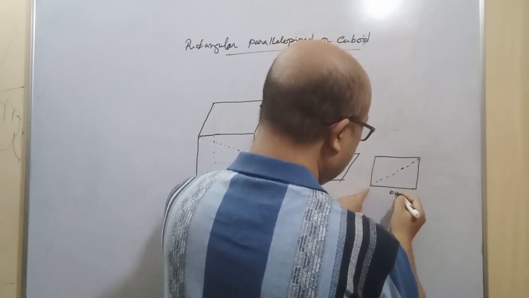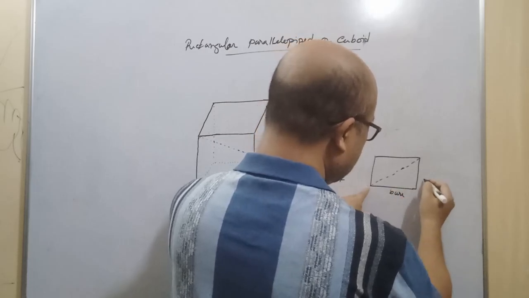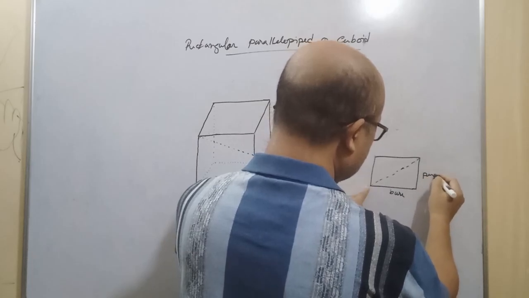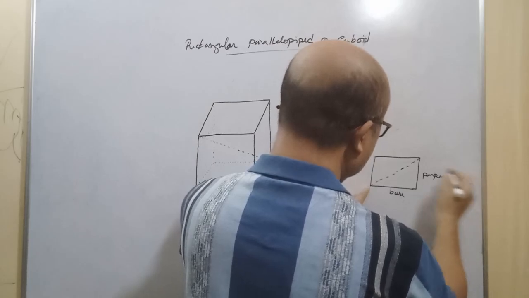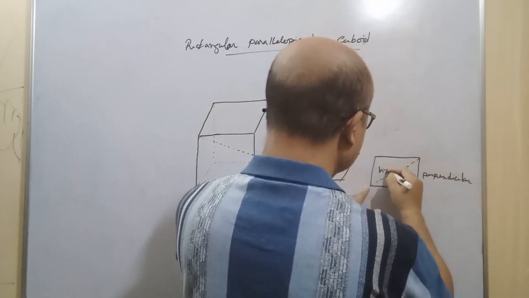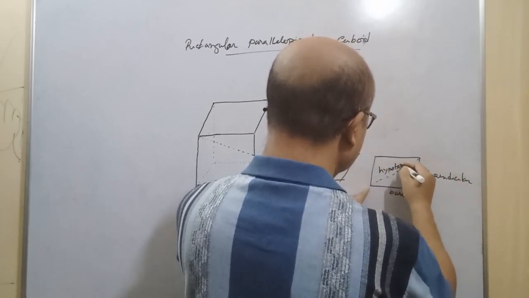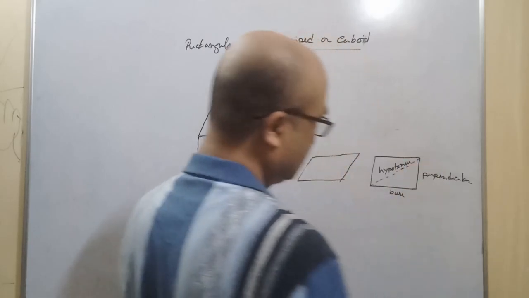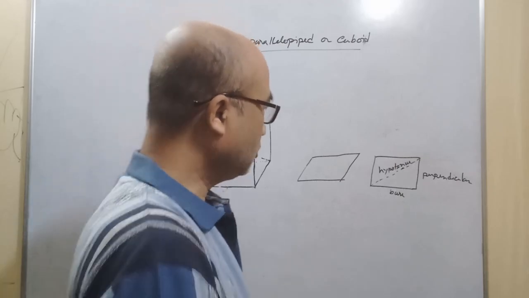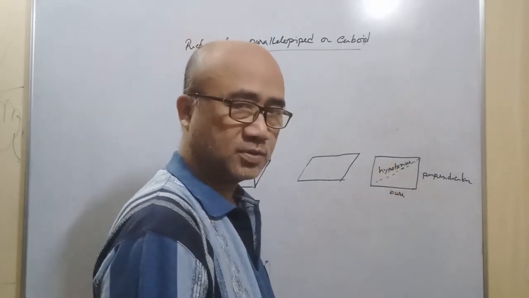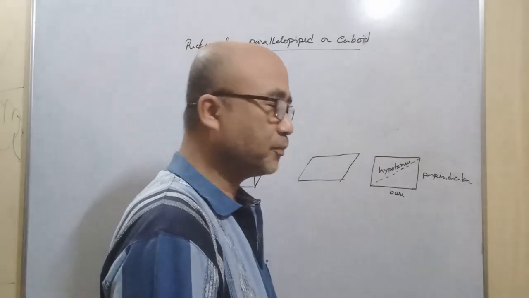Then this side we can take as base, this can be taken as perpendicular, and this one as hypotenuse. So base, perpendicular and hypotenuse. It is a right angle triangle.